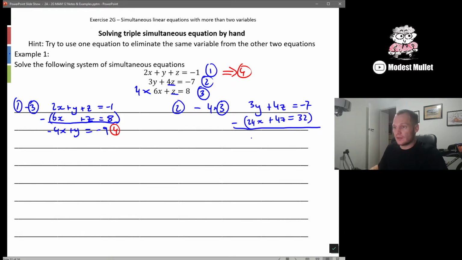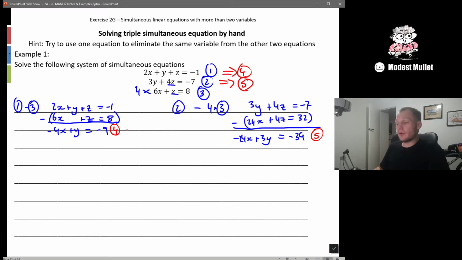We now get negative 24x plus 3y, because we've got our original 3y and the 4z's cancel, then negative 7 take away 32, which is negative 39. So we have converted equation 2 into what we'll call equation 5.